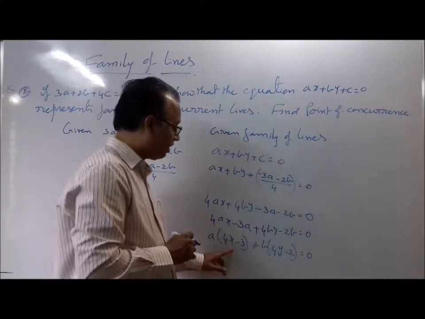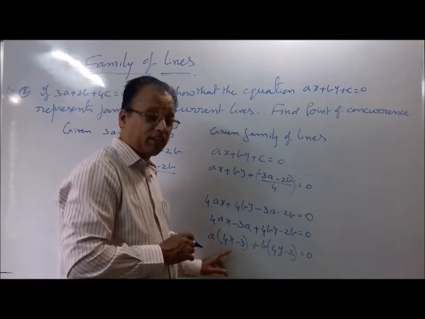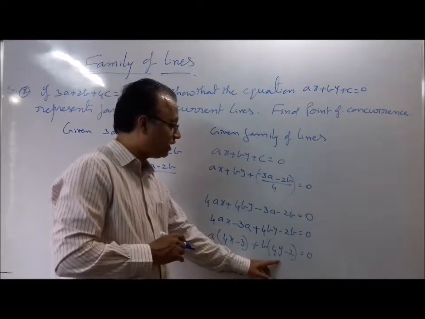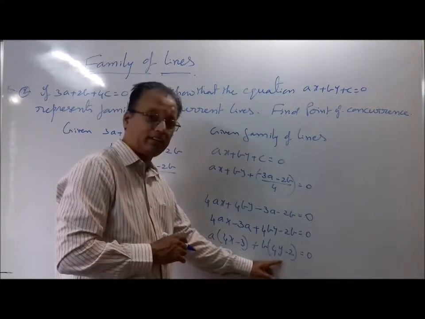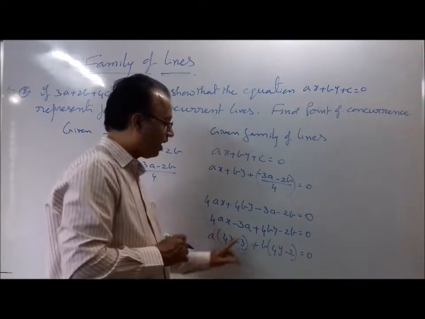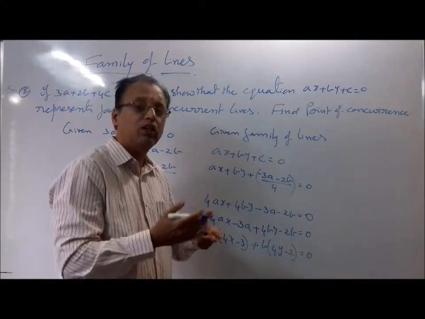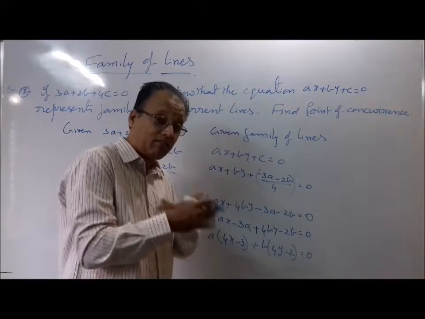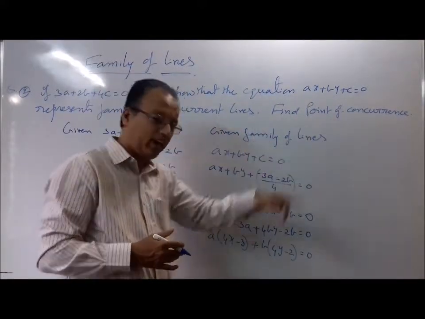So the first line L1 is 4x minus 3 equal to 0, a first degree equation. And 4y minus 2 equal to 0 is the second equation, the second line. So this is the first line, this is the second line. We have to solve L1 and L2 to get the point of intersection, otherwise the point of concurrence. Right?